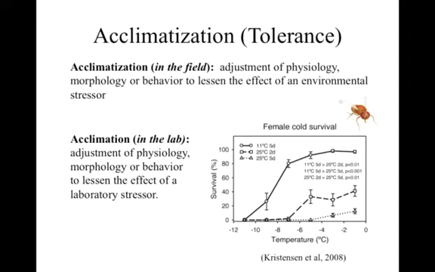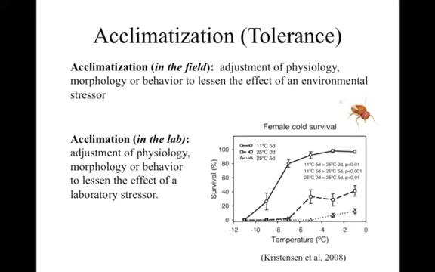Frequently when you take insects, if you keep them in cold temperature for a while first, then you can sort of get them a lot colder before they die. Whereas if you keep them in a warm temperature and then you try and rapidly drop the temperature, they'll die at a much warmer temperature because they're not ready to tolerate that cold yet.